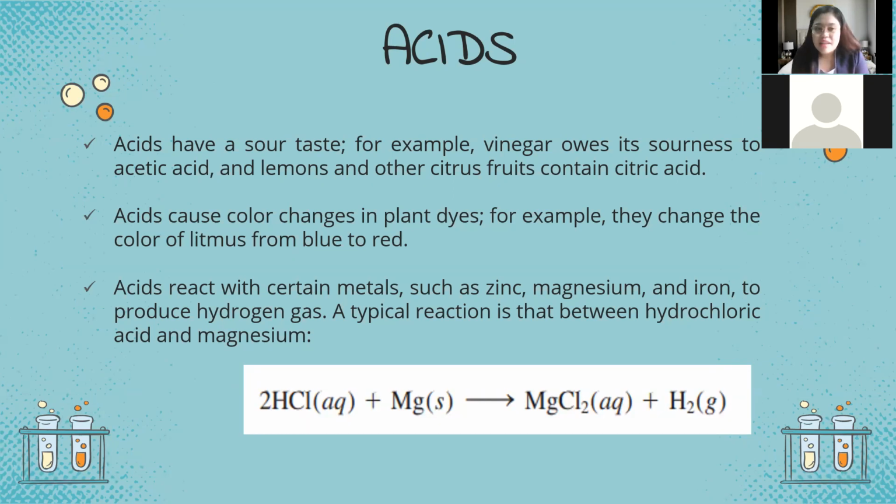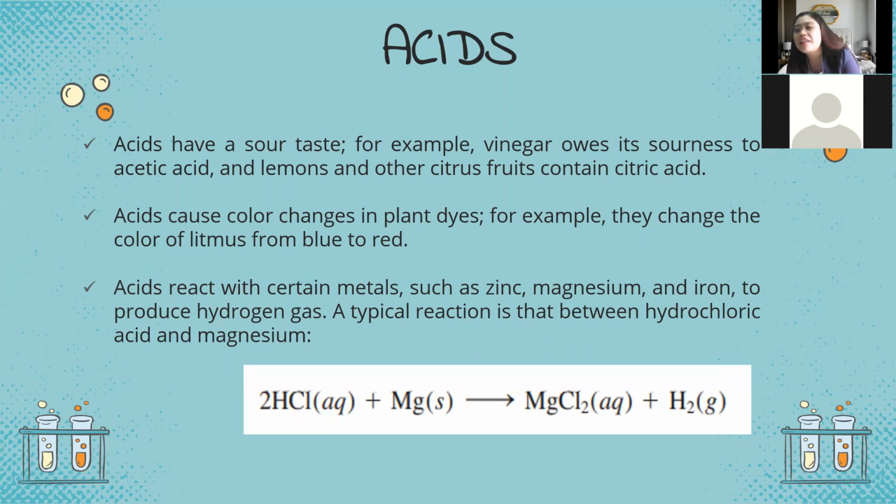Now, another characteristic of our acids is this one. Acids react with certain metals. So, pwede mag-react si acid with our metals such as zinc, magnesium, and iron or other metals pa natin to produce hydrogen gas. So, this will be a form of a single replacement reaction.